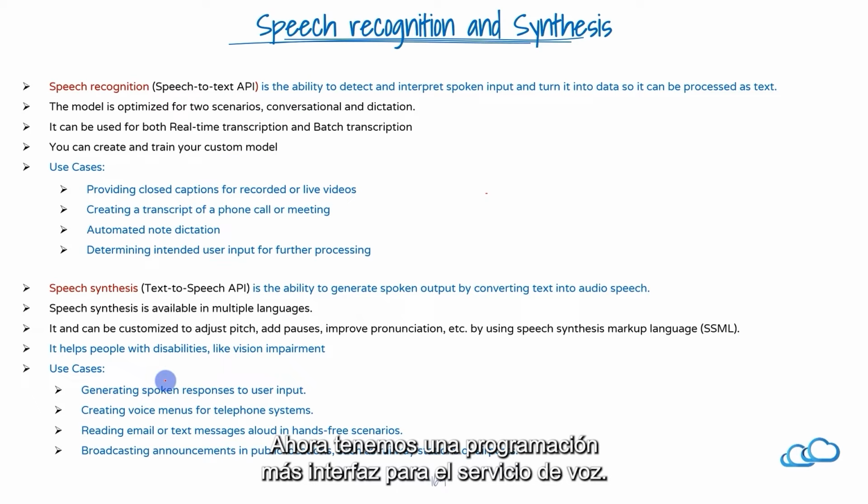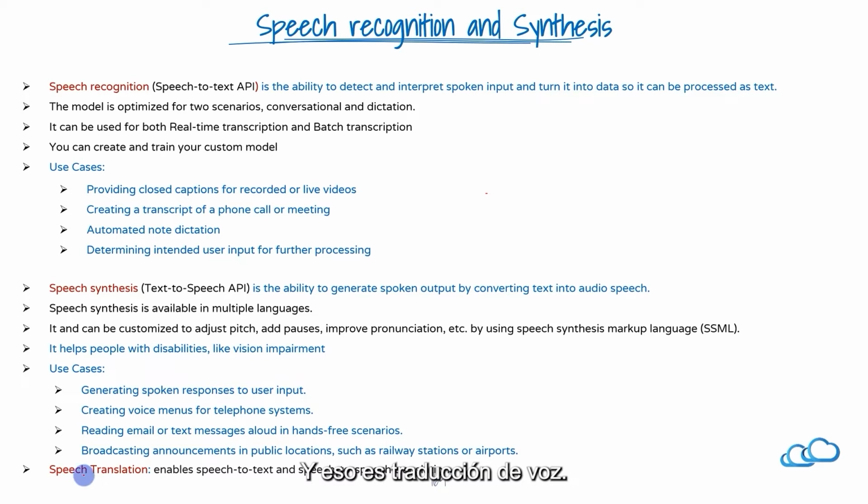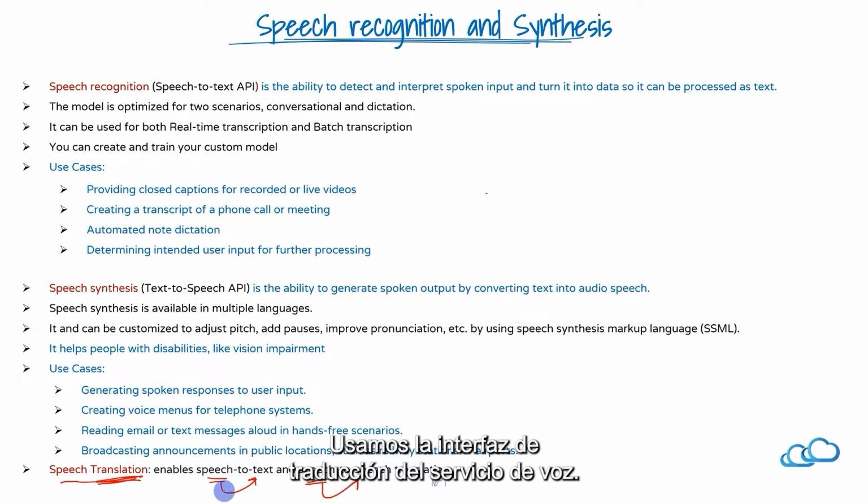Now, we have one more programming interface for speech service, and that is speech translation. Now, when I say translation, that means translating from one language into another language. And we have a separate translation service, but that mostly works with text to text. But when I talk about speech to text or speech to speech, we use the speech service translation interface.